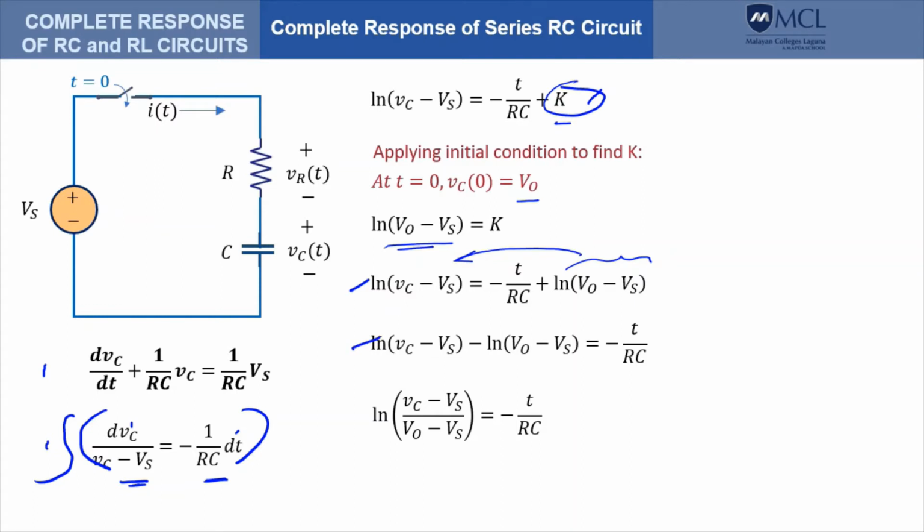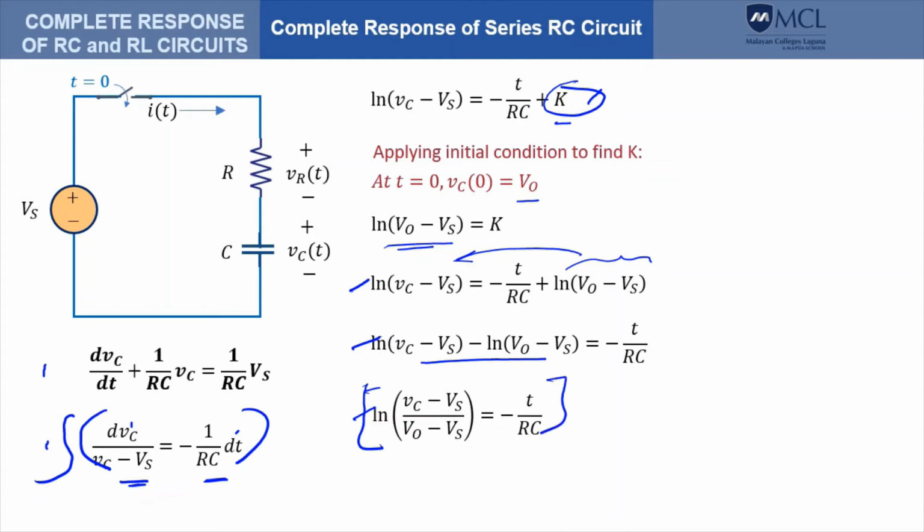By the property of logarithms, this one can be replaced by this. So it's a natural logarithm of a quotient.